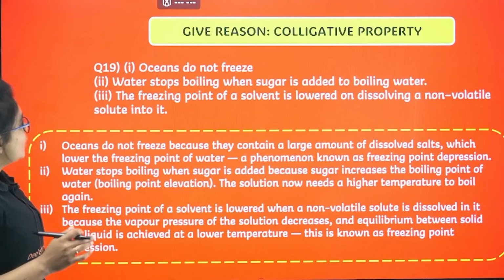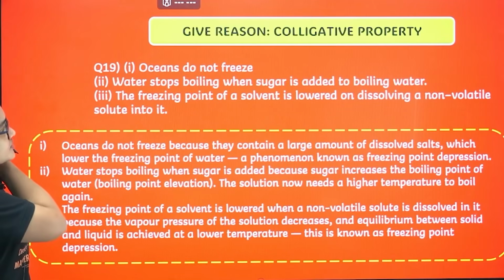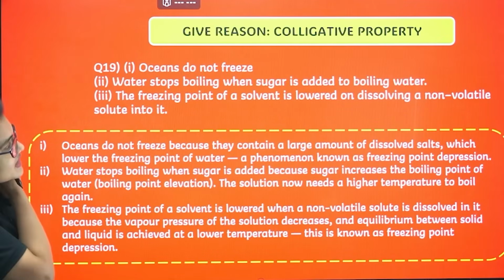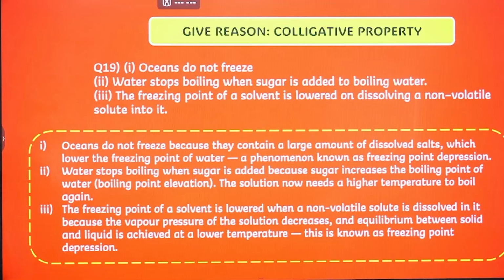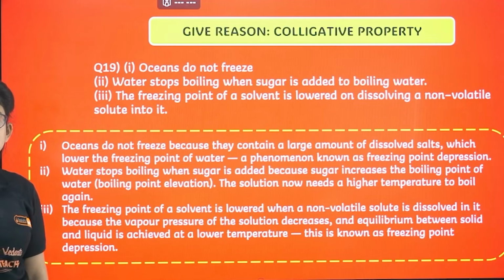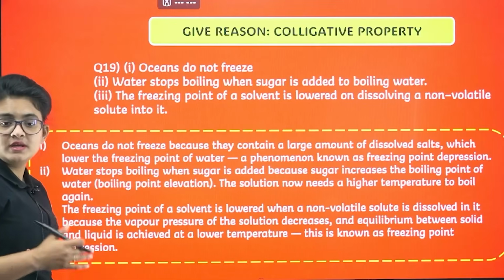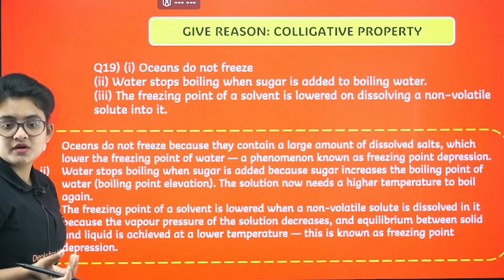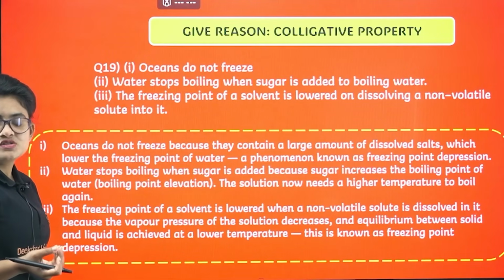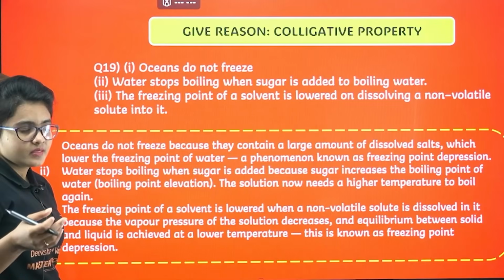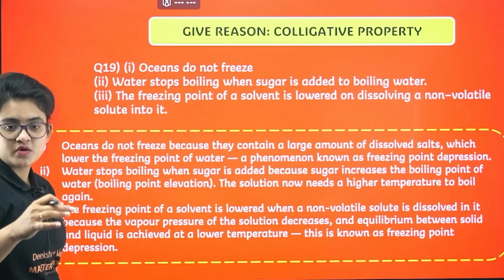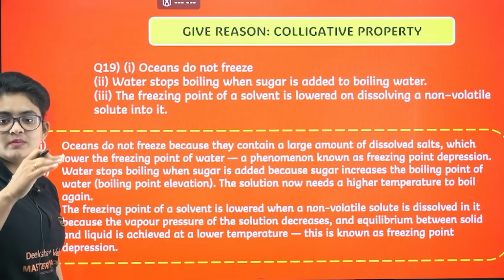Next, water stops boiling when sugar is added to boiling water. Again the same reason: if sugar is added, it increases the boiling point of the water, elevation in boiling point takes place. So the sugar water solution boils at a higher temperature.